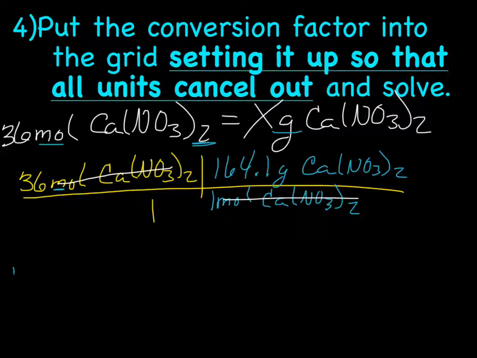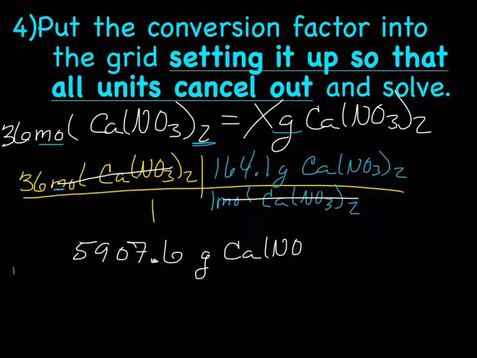Now, just multiply across. And I got 5,907.6 grams CaNO3. And our sig figs in this case, we have 4 here and only 2 here, so our sig figs are going to be 2.